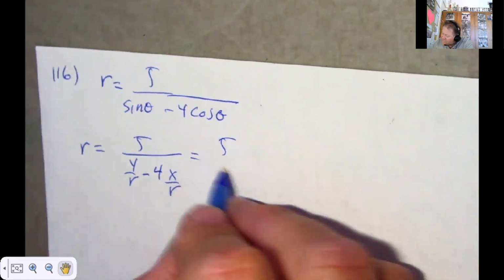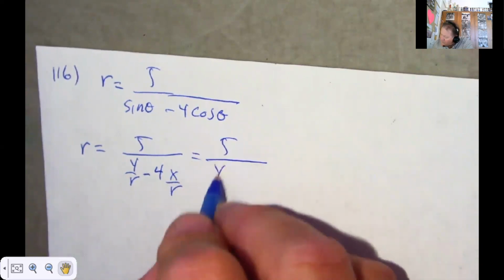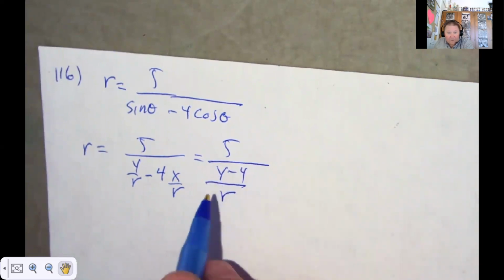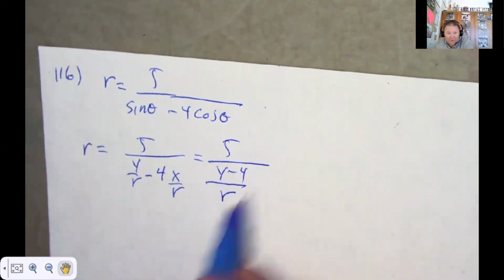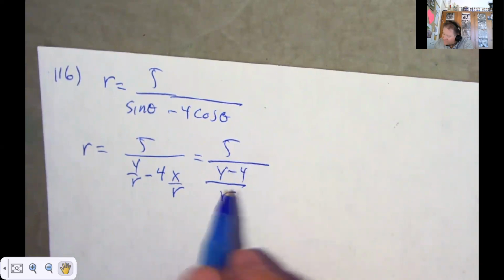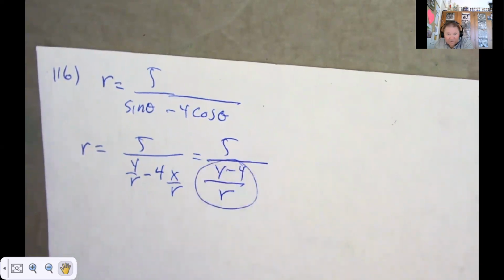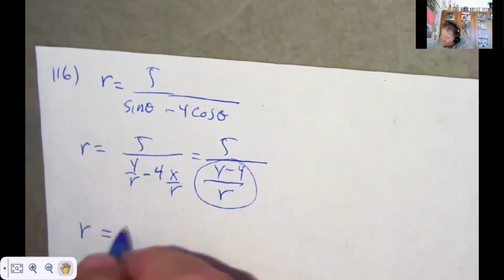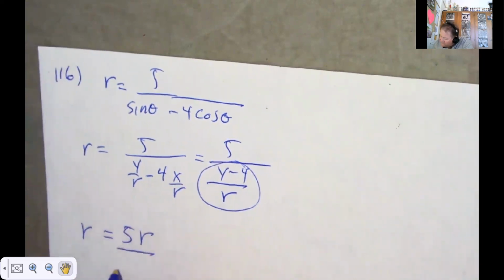So 5 over y over r minus 4x over r, because there's a common denominator. So now I could flip it over, right? Dividing fractions is easy as pi. Flip this bottom one over and multiply. And this would be r equals 5r divided by y minus 4.